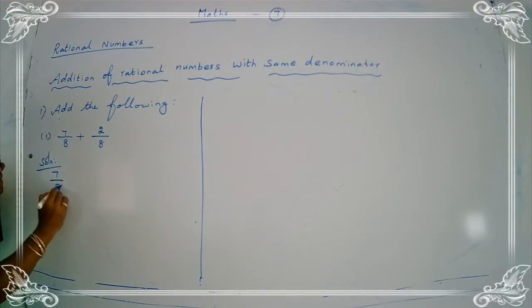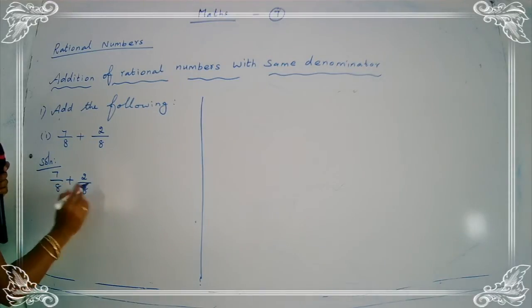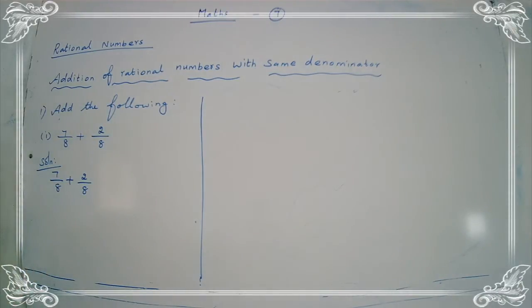Very easy. 7 upon 8 plus 2 upon 8. Here you see same denominators. First of all, you write in standard form of rational number. It is already in standard form. Yes or no? Standard form of rational number means? The rational number is expressed in its lowest terms and the denominator of the rational number is expressed as a positive integer.